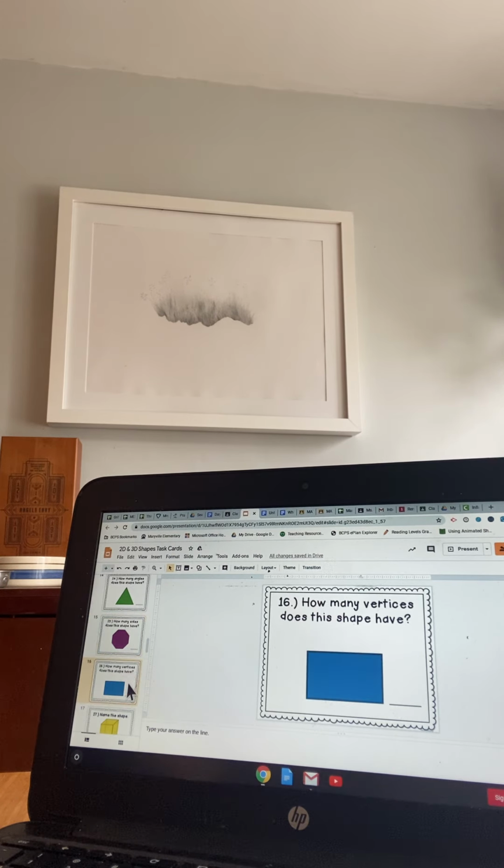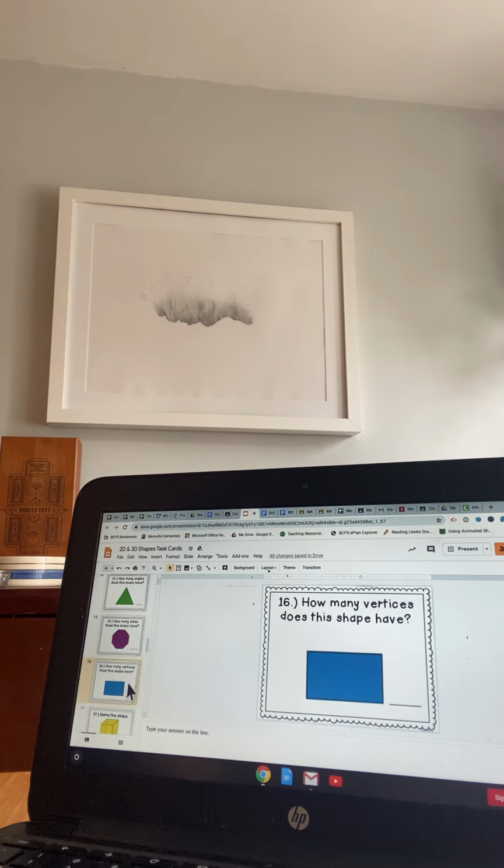All right, naming this shape, that's a cube. You should have put B for that one. This one is a square pyramid because the bottom is a square, but when you pull those lines up like that, it turns into a pyramid. So that one should have been A. This one is a cone, B. 20 is a rectangular prism.